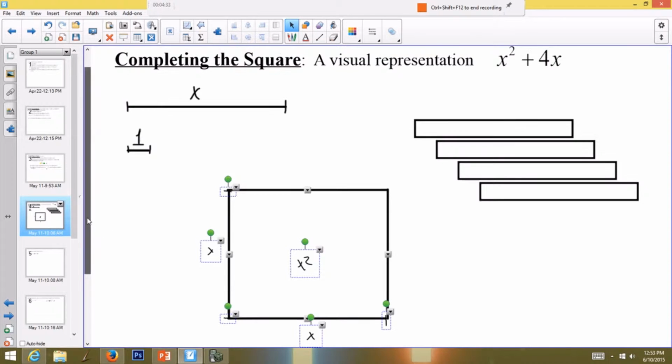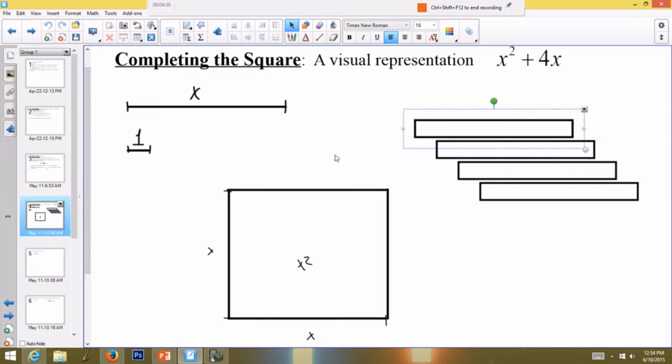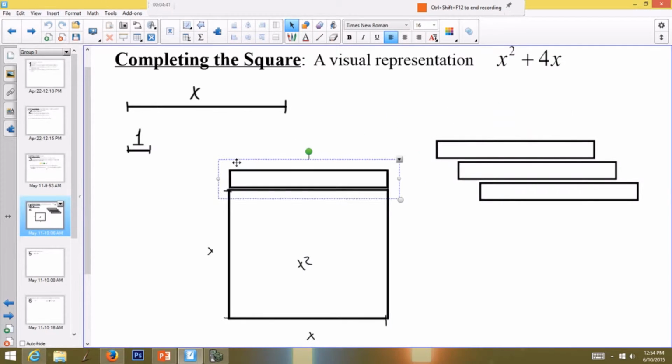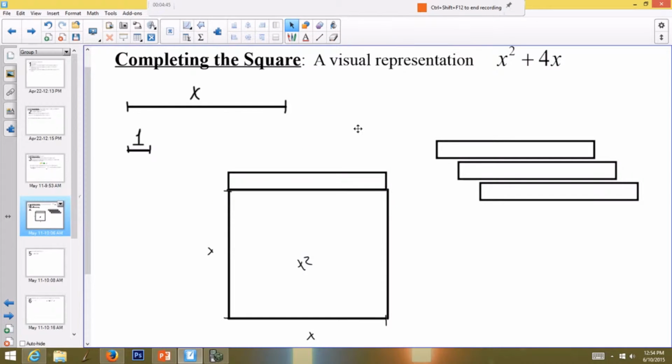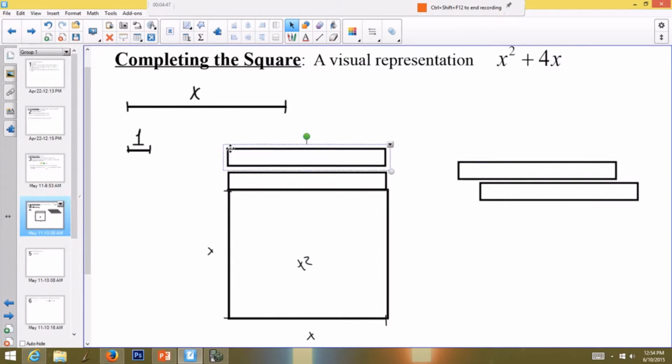What I'm going to do is line these up evenly so that I get a square shape. So let's put this one right there, and the second one right here.